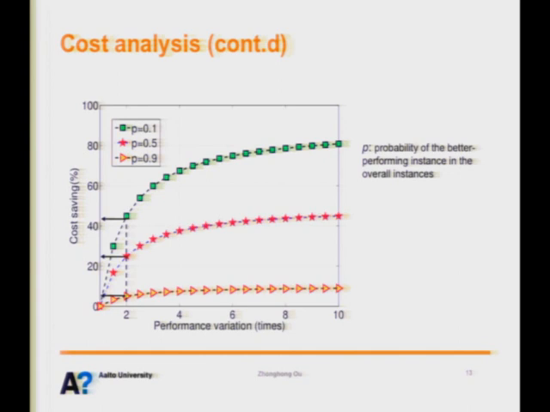But the precondition is that you want to run the instances for a decent long period of time, because this select and drop will also cost you. If you select one instance and you drop it, the cloud provider will charge you anyway for 1 hour.